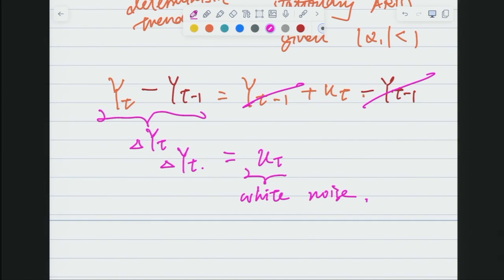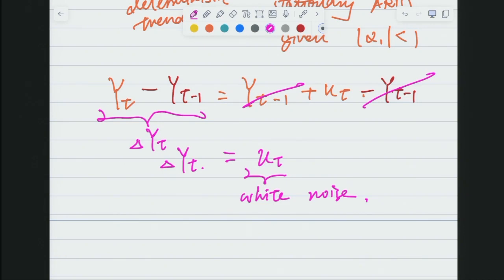And an important distinction here between the two types of trends is that in the trend stationary series, the shocks have a transitory effect, okay? The shocks only have a temporary effect on a deterministic trend only model, and the series will revert to the trend over time.